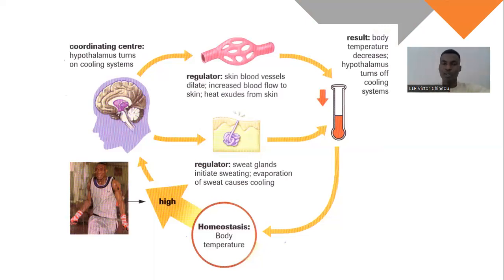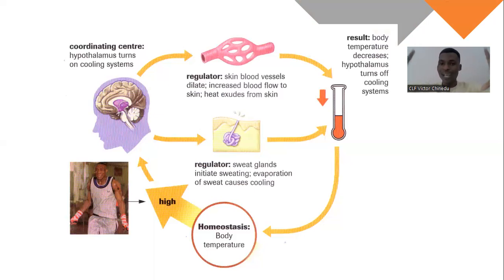So your brain tells your blood vessels to dilate. That means to relax, to expand, increasing the flow of blood to your skin, so that the heat present in it could actually exude and evaporate into the external environment.